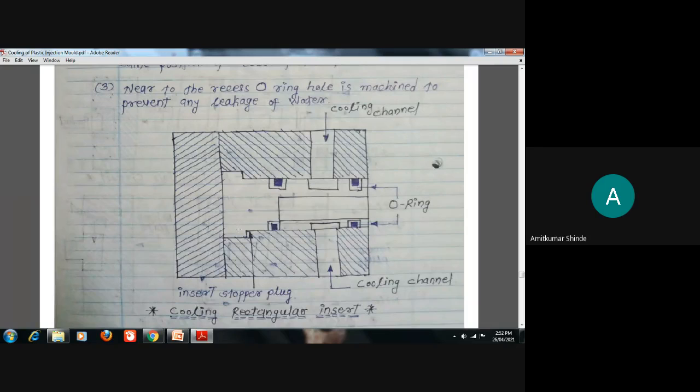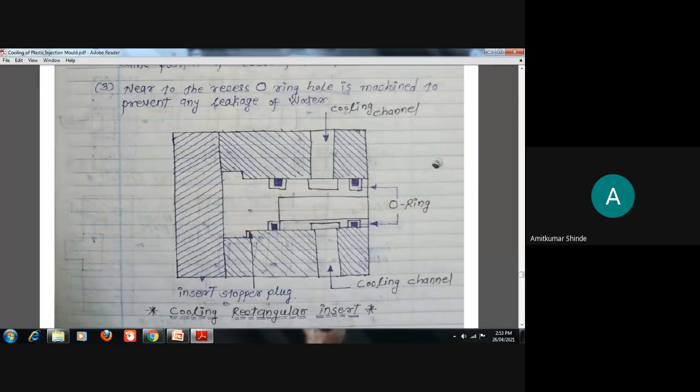In this method, when the recess or gap is machined here itself, you can see this gap is machined first, and after machining that gap, the cooling channels are machined.